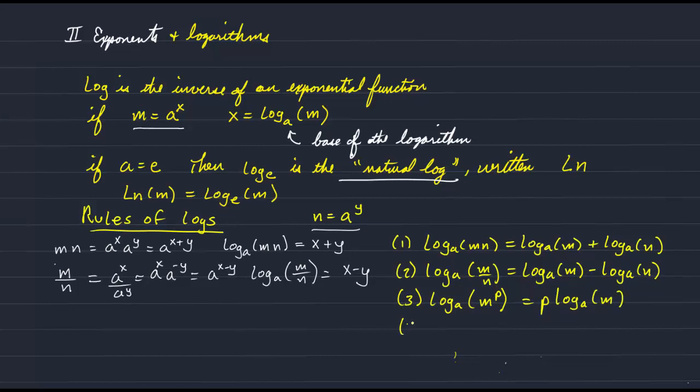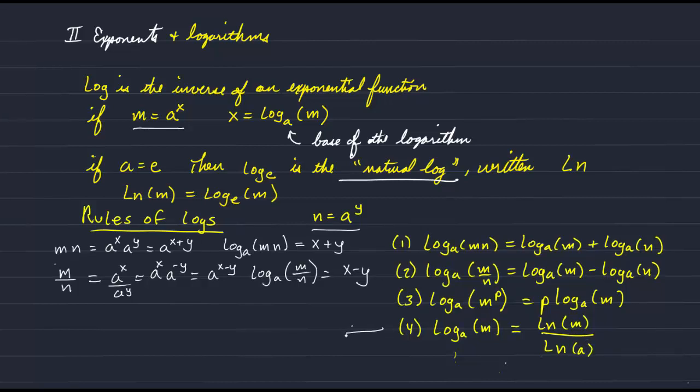And the fourth rule is that the log base a of m is equal to the natural log of m over the natural log of a.